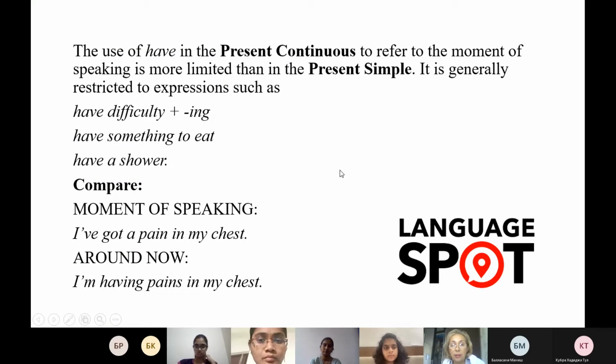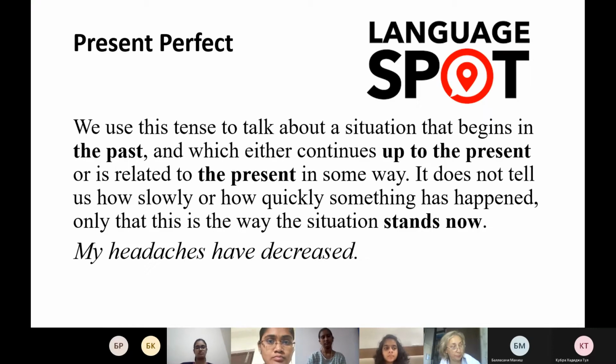So we discussed the difference between the present continuous and the present simple. On the next slide, there is information about the present perfect tense. It says that we use this tense to talk about a situation that begins in the past and which either continues up to the present, or is related to the present in some way.